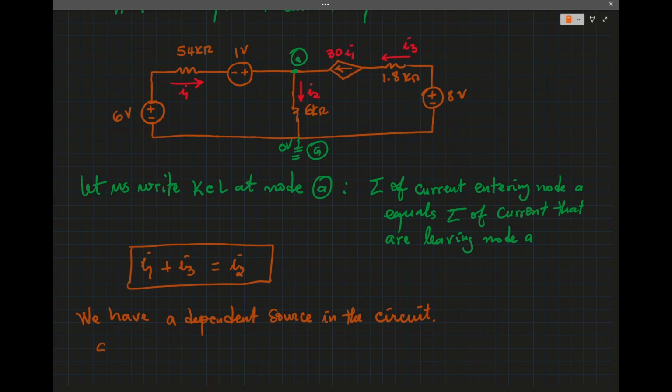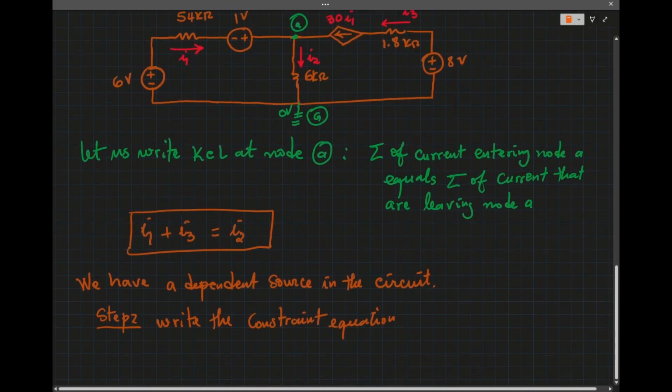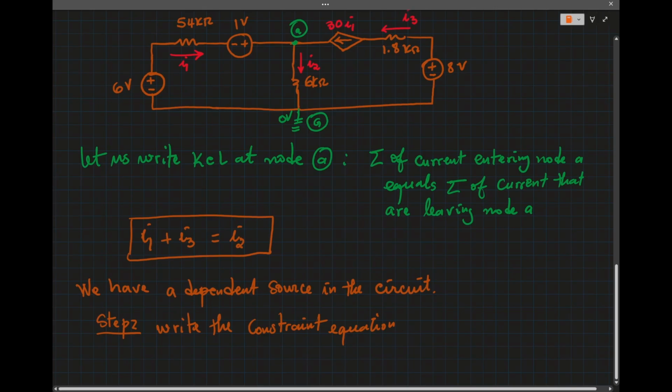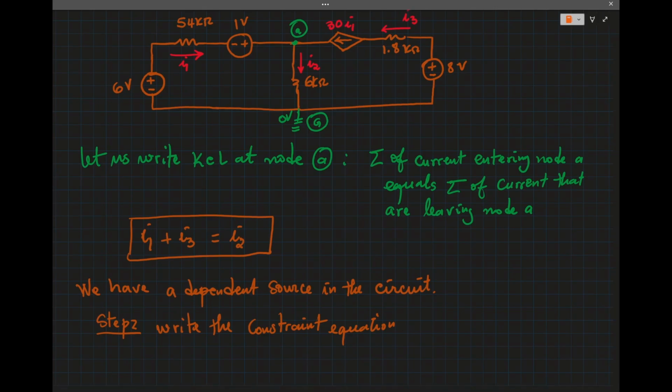So in step 2, we write a constraint equation, which is the equation that relates the current of the dependent source, which is a current source, to the current I1.